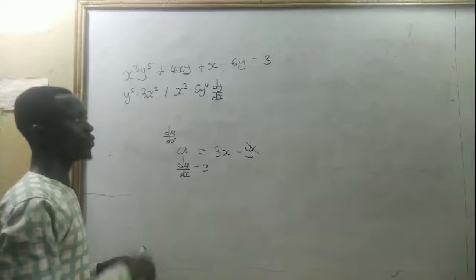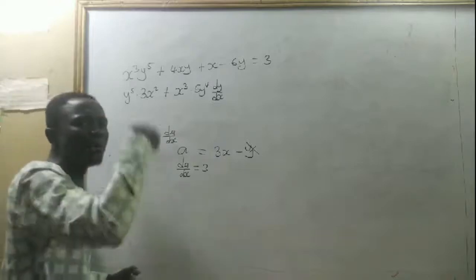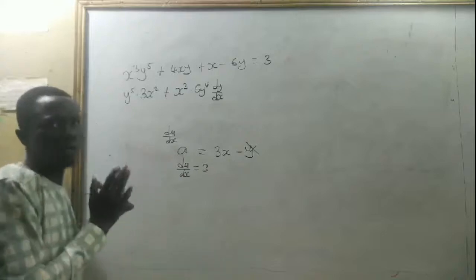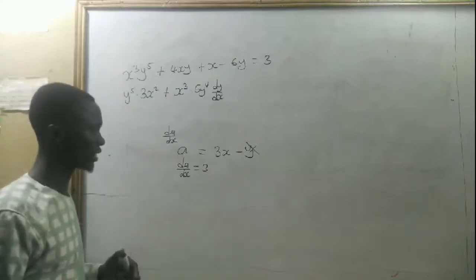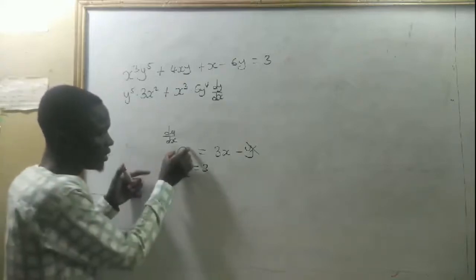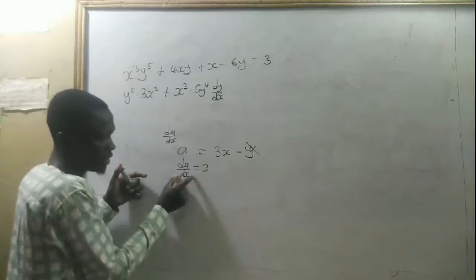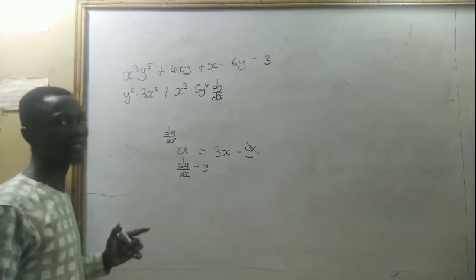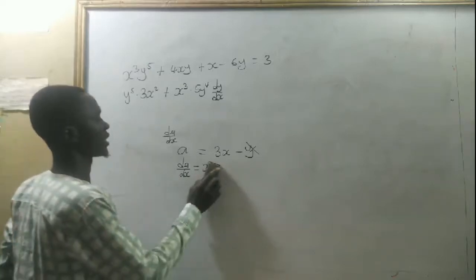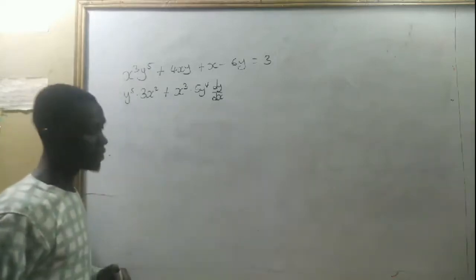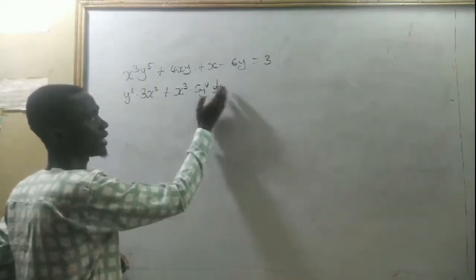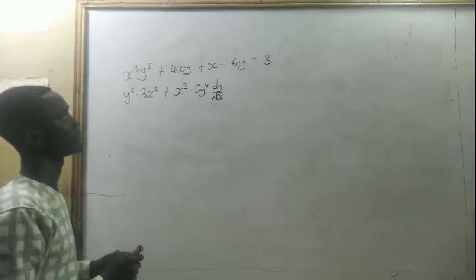But here we are differentiating the y implicitly with respect to x, so y here is not a constant. You should be very careful with that. Here we are doing implicit differentiation, so the y there is not a constant. That is why we have multiplied it by dy on dx to show that we are doing implicit differentiation.